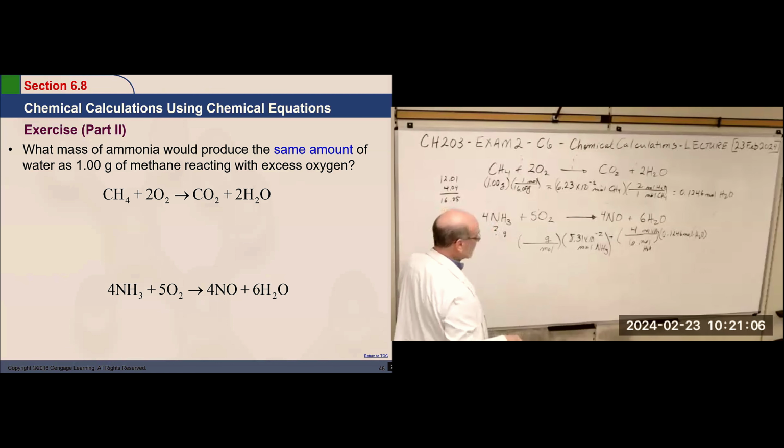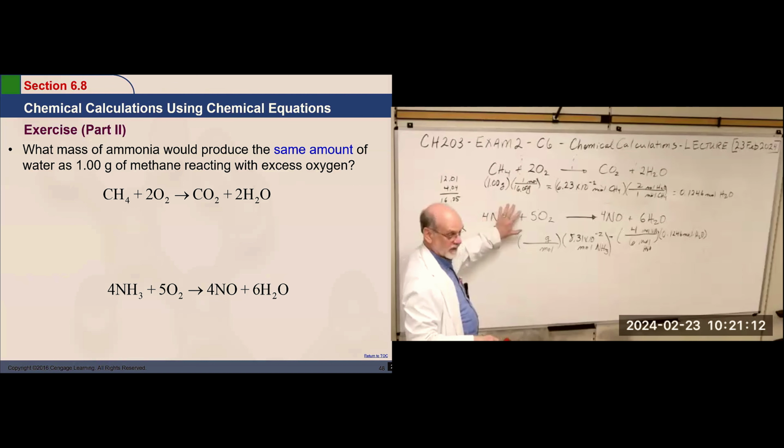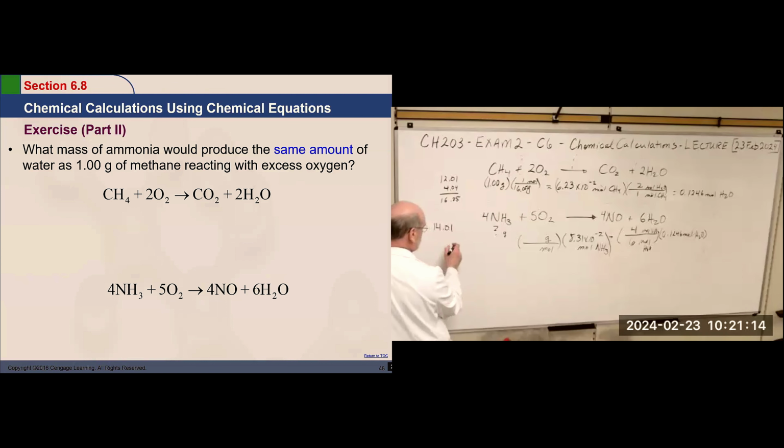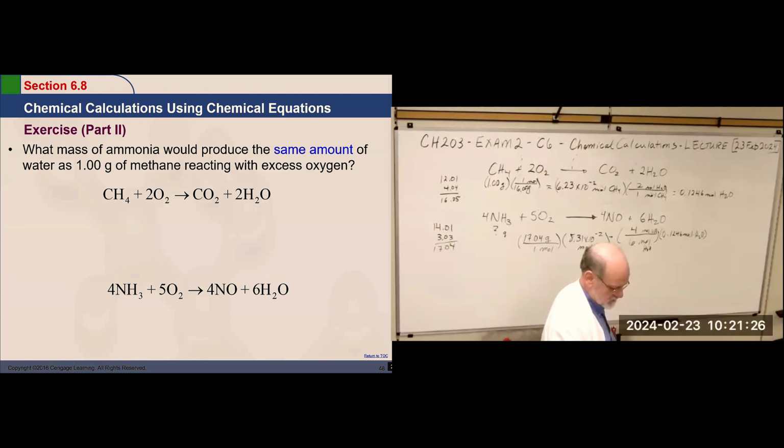When you calculate the molar mass, you don't use the coefficient. It's just the formula. And then 3.03 for all the hydrogens. 17.04. Multiplied times that value. And I get 1.42.